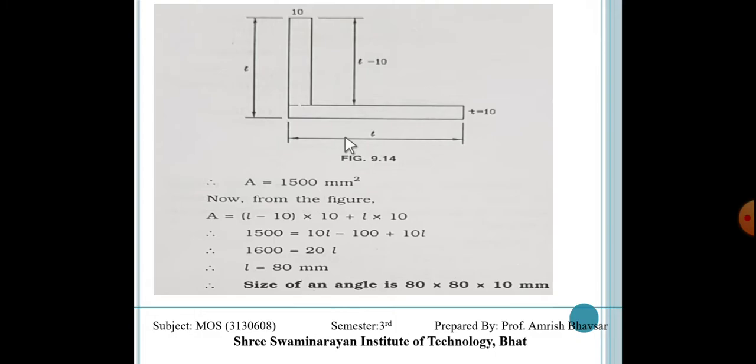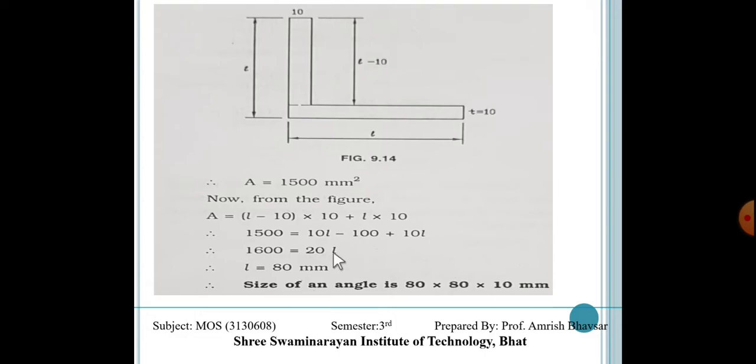What is factor of safety? Here we have considered the factor of safety as 2. But why do we take a factor of safety? Because whenever we design anything, we have some load, but in some cases that load may increase in the future.